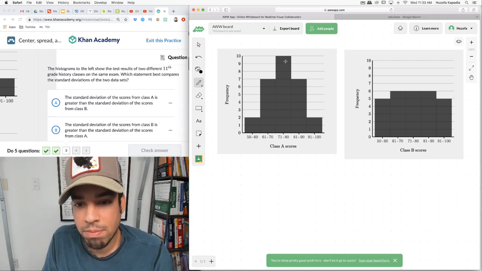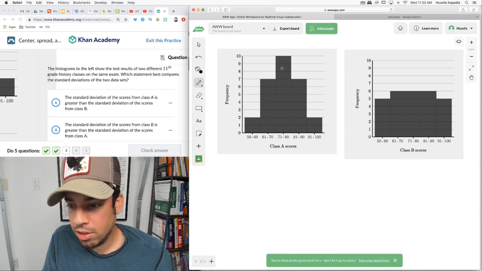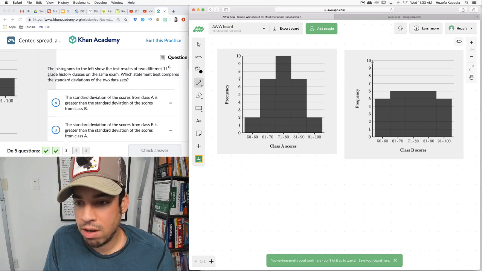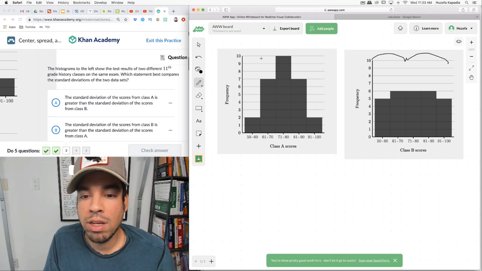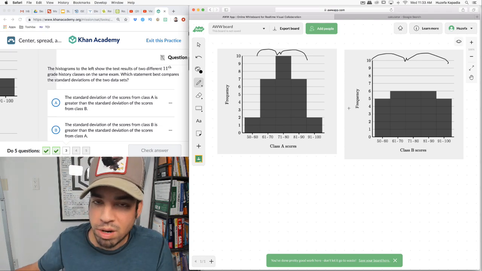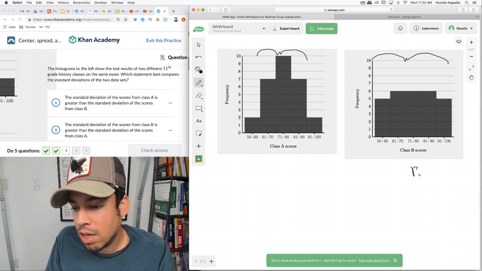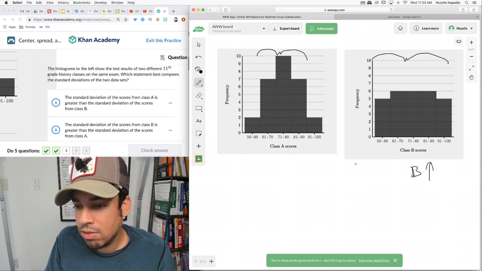In this one, we have a ton of people in this range. It's more lumped together in this range, and then we got a couple fringes, right? Versus this one, it's all spread out, kind of like the data's more spread out. So I'm saying B has a larger standard deviation.